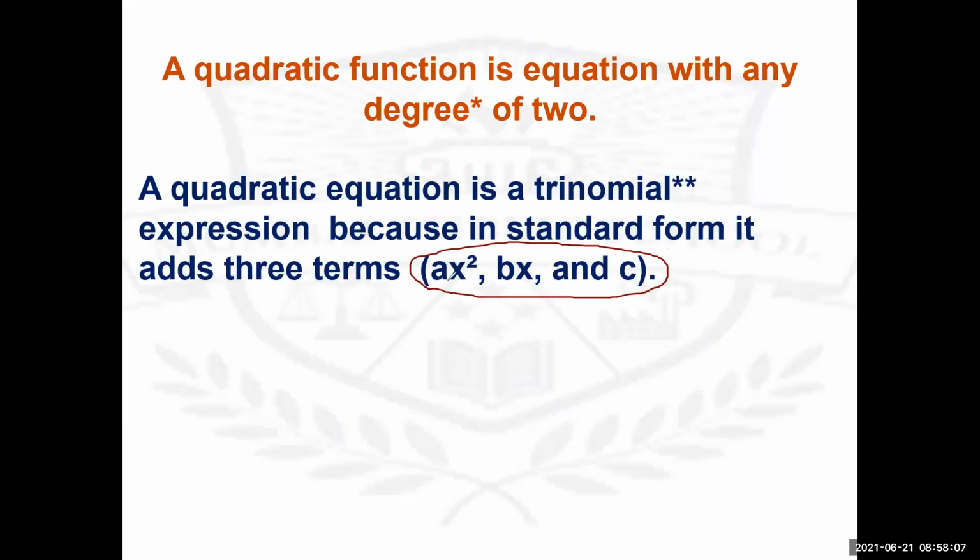How many terms are involved? 1, 2 and 3. There are 3 terms involved, so a quadratic equation is also a trinomial.